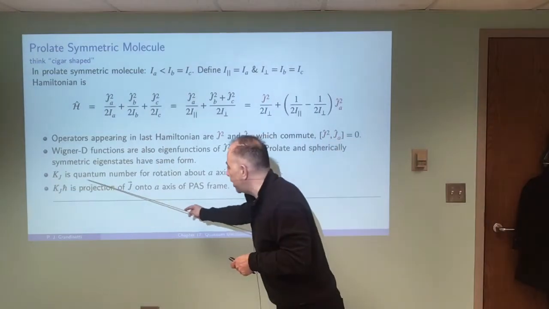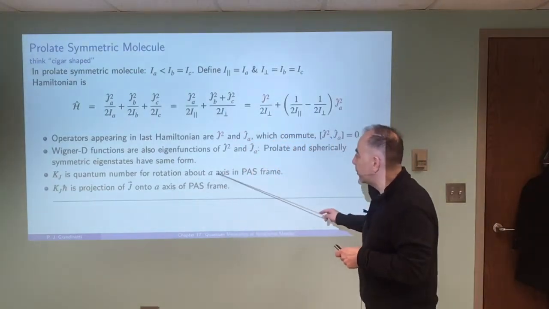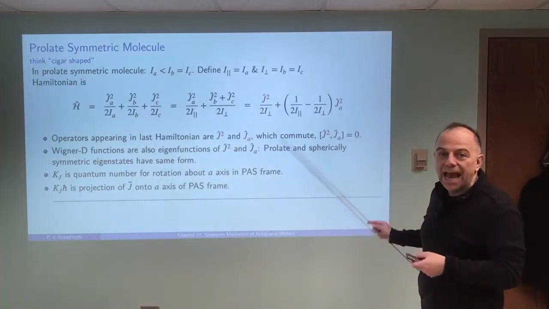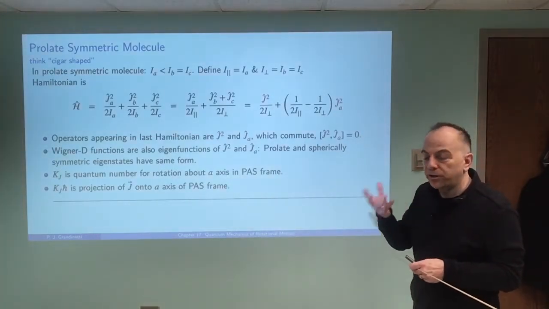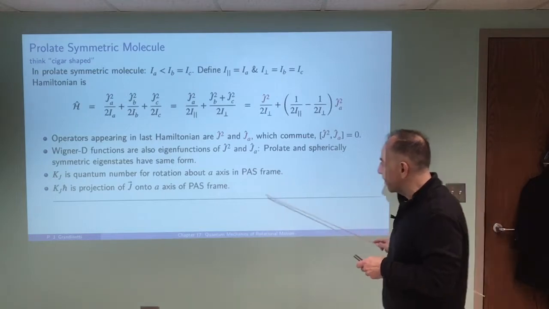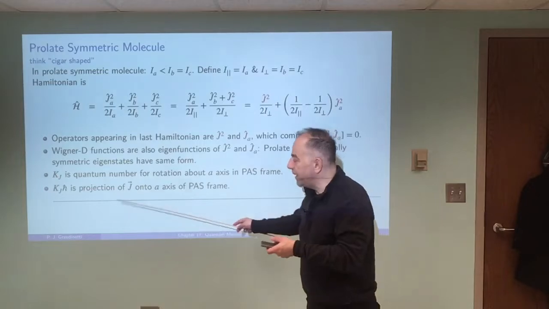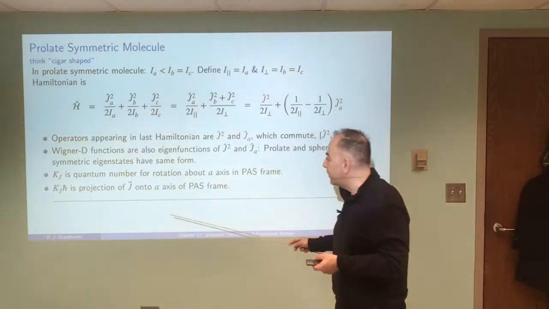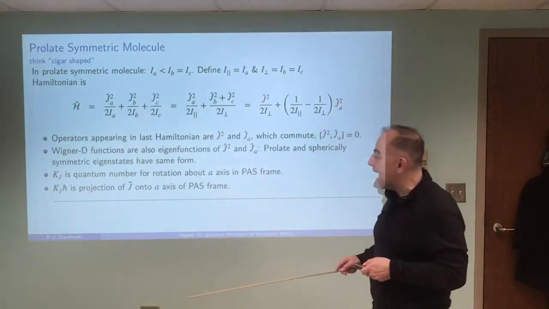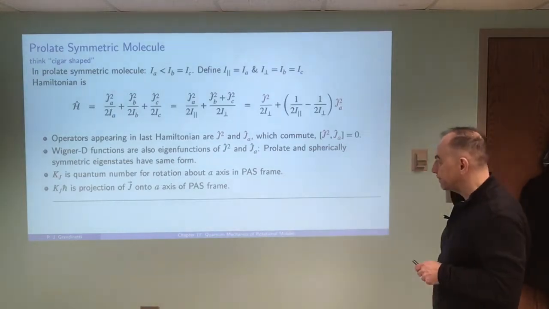Now, in this problem then, we're going to have the quantum number associated with JA, and that's going to be Kj, and this is going to be associated with rotation about the A axis of the molecule fixed frame, the body fixed frame. So Kj times h bar will be the projection of the angular momentum vector onto the A axis of the molecule.